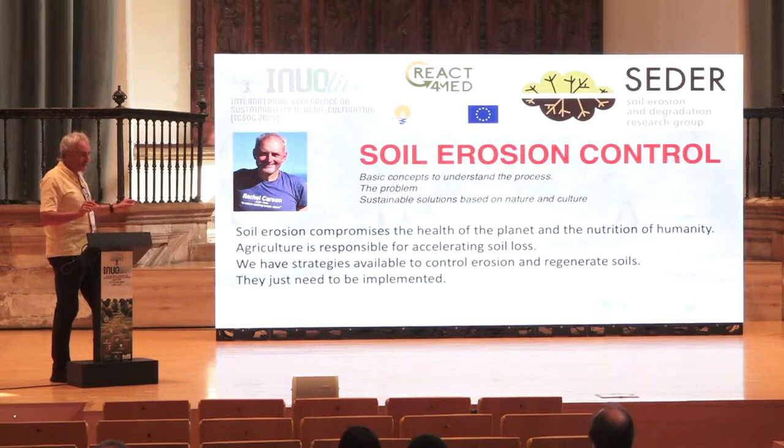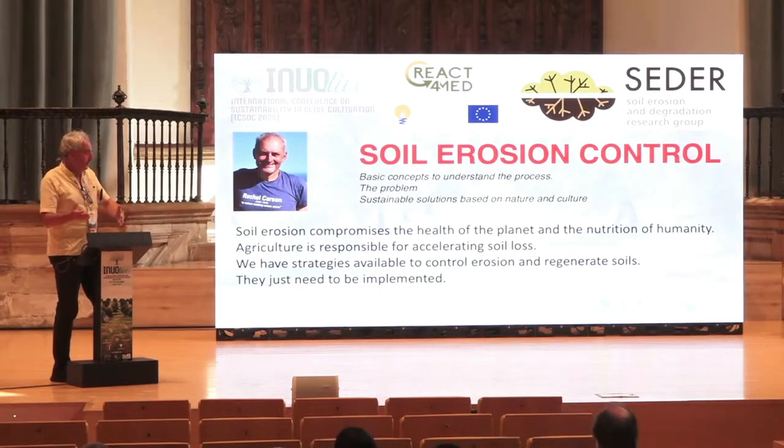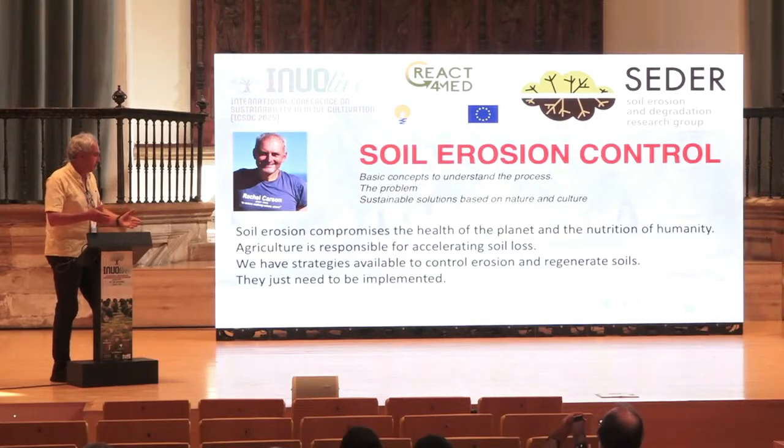Second is agriculture. I come from a farmer's family. Agriculture is responsible for the acceleration of the soil loss. For example, now in Spain, forest fires are in fashion because of this summer. My career started with forest fires. And then when I moved to the agricultural land, I found that in agricultural land, every year there is a fire.